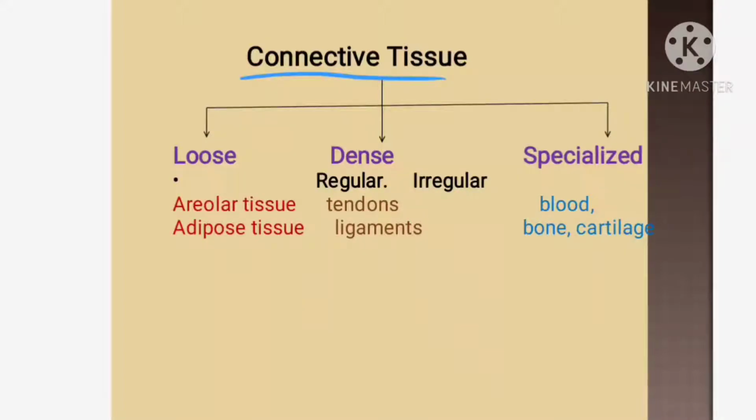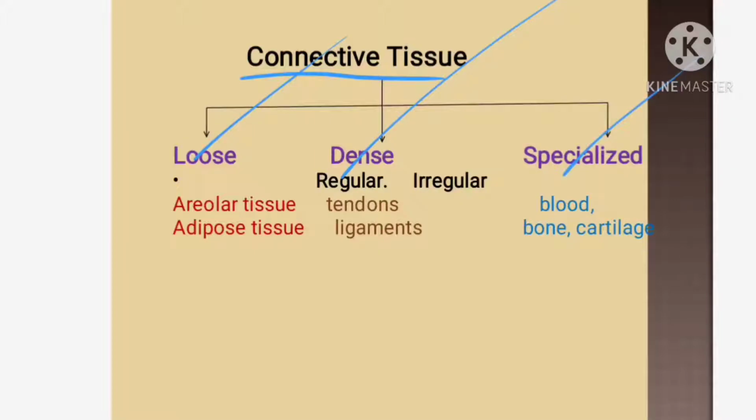So this connective tissue, when you are going for classification, is divided into three types. What are the three types? One is loose connective tissue, number two is dense connective tissue, and number three is specialized connective tissue.